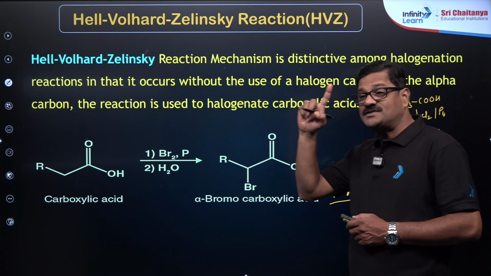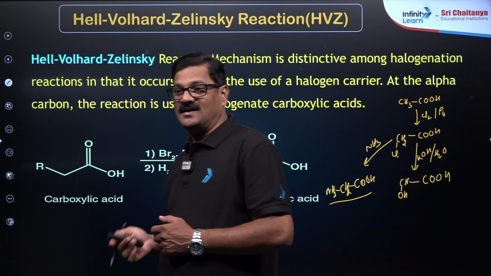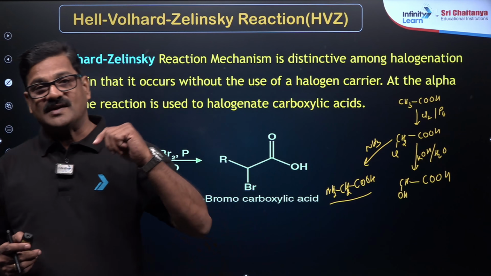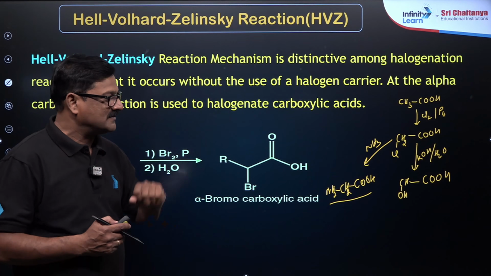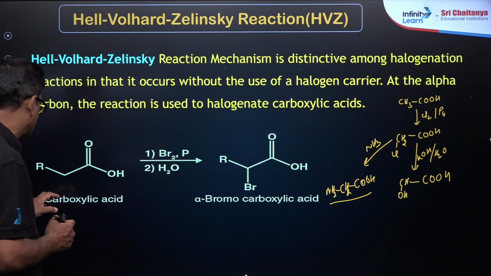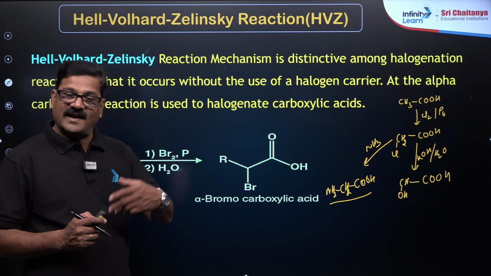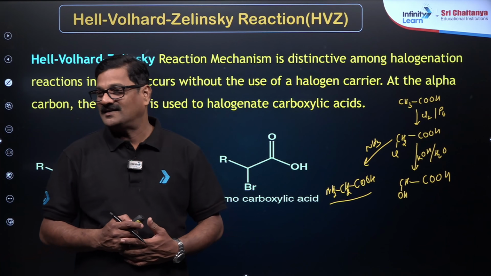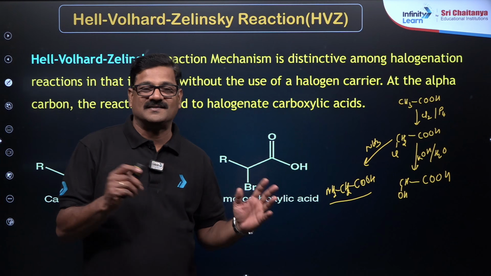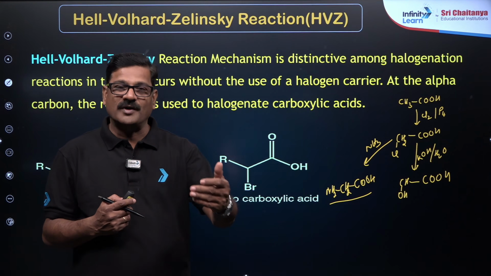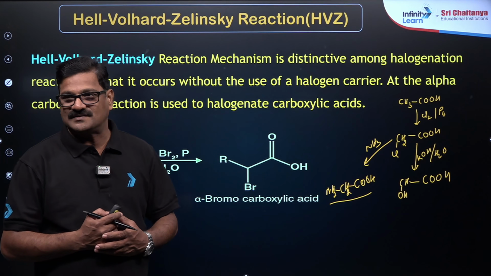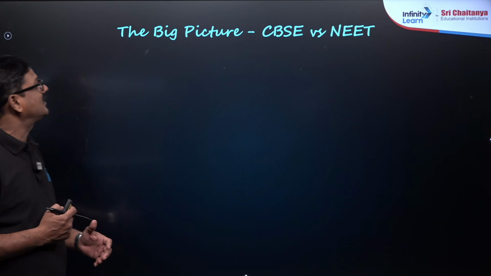So you have 20 different amino acids. You can prepare these amino acids by the HVZ reaction. If you take propanoic acid, a carboxylic acid, you are going to get either lactic acid or alanine. So to convert propanoic acid to alanine, you are going to use this HVZ reaction. Fine, this is very important.